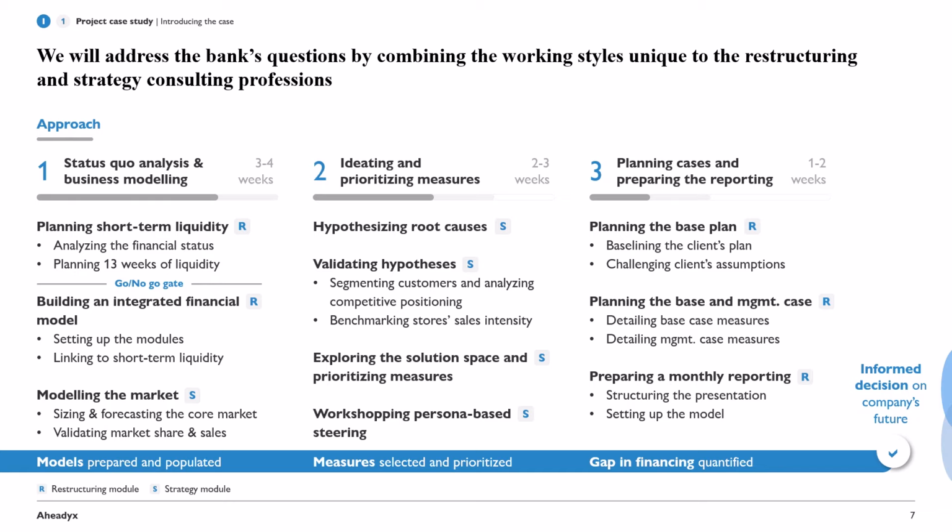So typically in phase 1, by the way, let's then start with the first work package. You start with planning short-term liquidity, and that's something that you typically do within 2 weeks. And then usually it goes like this. The client will first always tell you, well, we get this integrated model in place, and it's all integrated and all that, and then you go there and find that they actually do not integrate their plan properly.